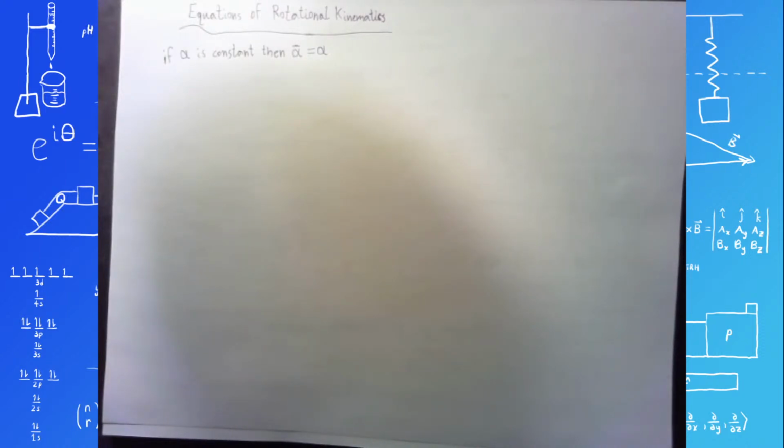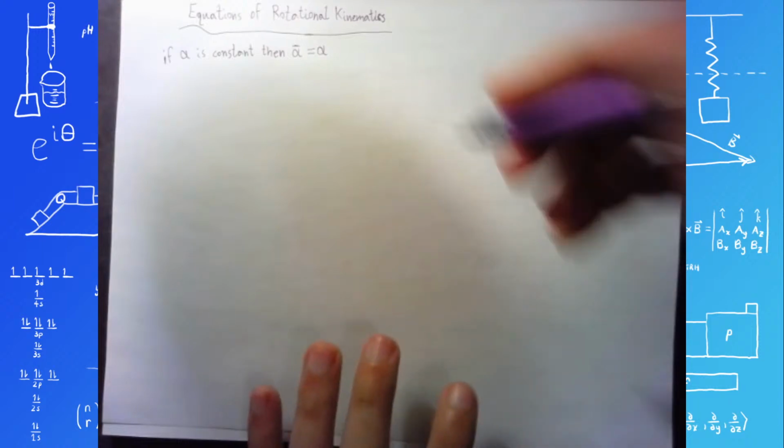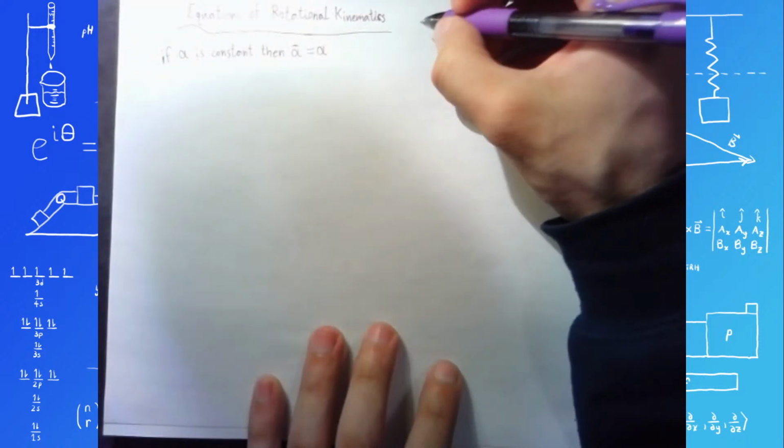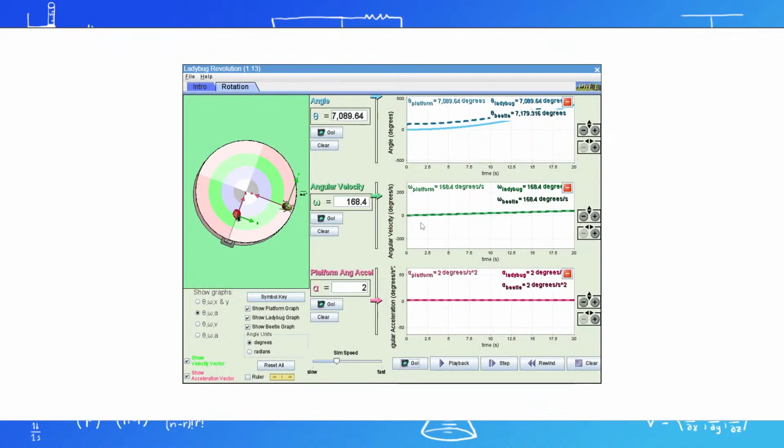That should make sense if you have a constant acceleration, if you have it on a graph. Actually, do I still have the graphs? Yeah, I do still have the graphs from the Ladybug Revolution, so let's look at that real quick. So here you see the angular velocity is just going up in a straight line.